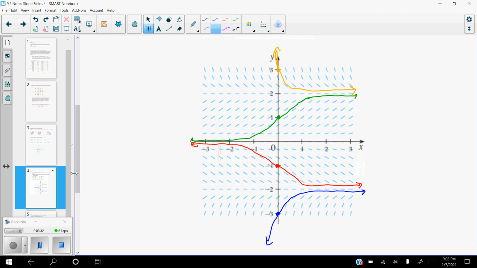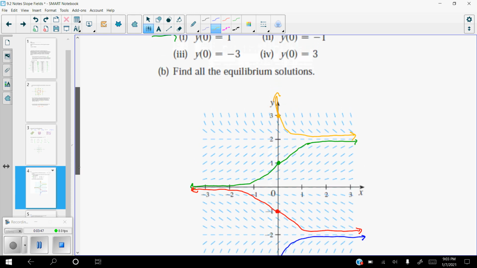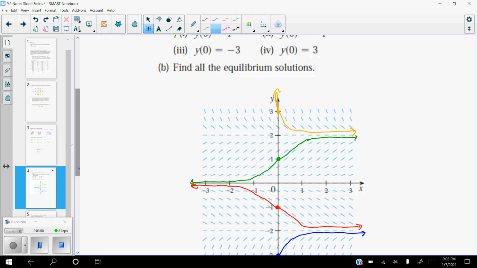As you can see, this is a family of functions. It just depends on which initial condition they give you as to what the function would look like. If it was number 1, it would look like the green one. If it was number 4, it would look like the orange one at the top.